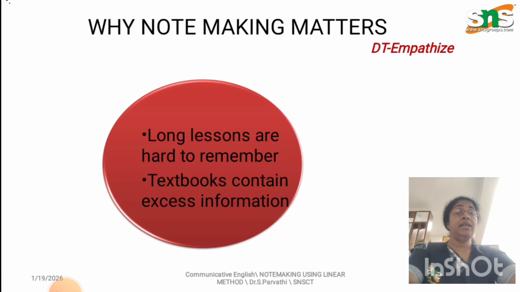Why does note making matter a lot? Because even school children and college-going students still ought to remember long lessons, and they can't overload their brain with excess information, because textbooks contain excess information.